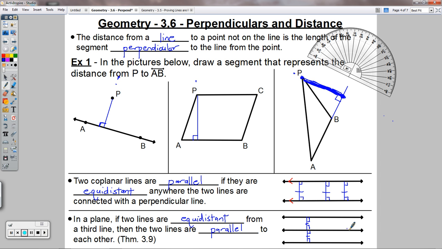This is the third line, and then this line and this line are the two lines in question. They're equidistant from that same third line. That means they're parallel to each other. So in red, I could add the fact that this then would have to be true by this theorem right here, by theorem 3.9. So let's move on and check out some examples on the coordinate plane now.